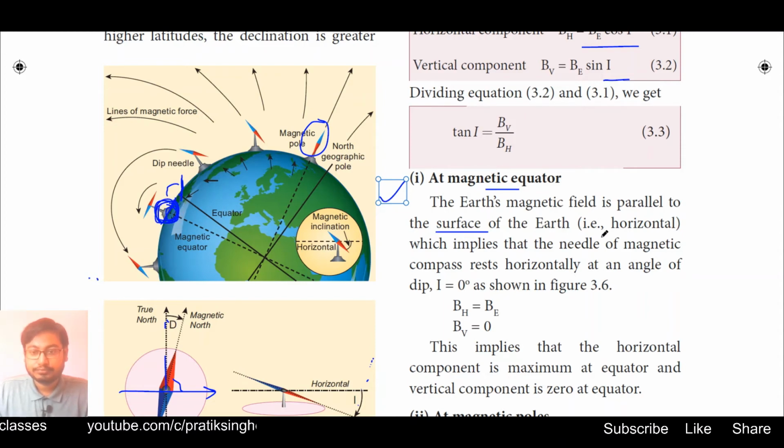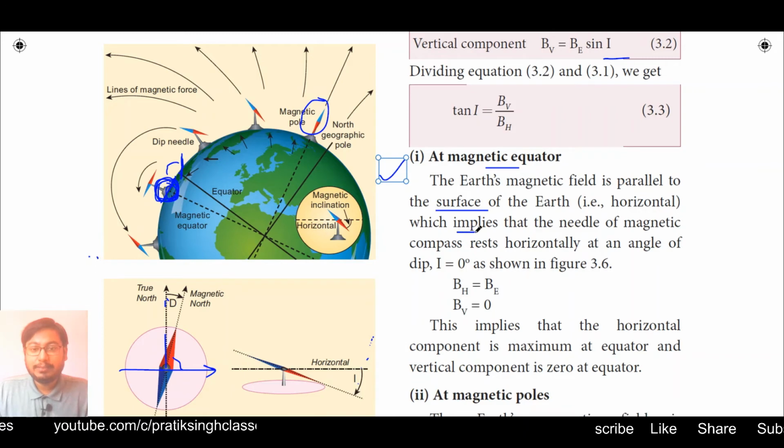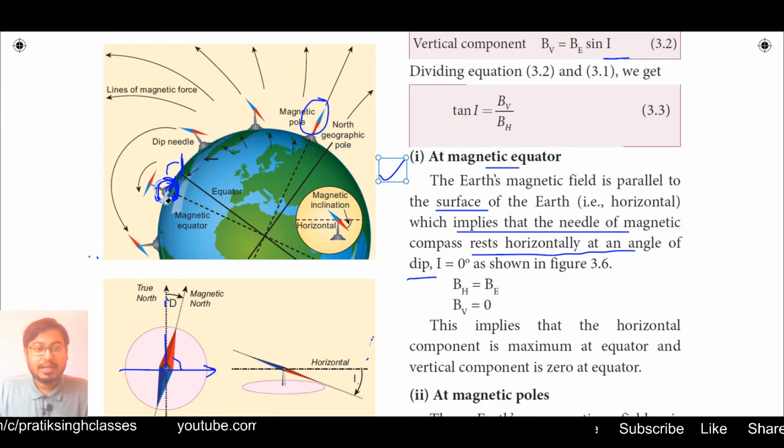That is horizontal, which implies that the needle of the magnetic compass rests horizontally at an angle of dip I equal to 0 degree. We know very well that the angle between two parallel lines is 0 degree, because here the magnet is perfectly parallel to the surface, so the angle I is equal to 0 degree.